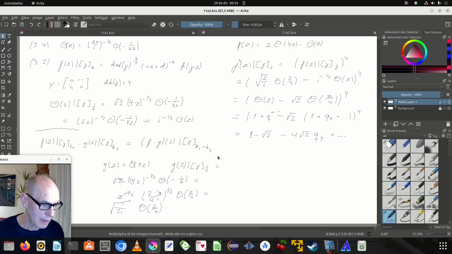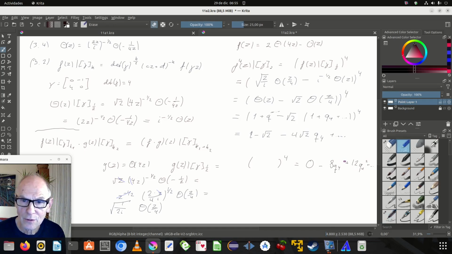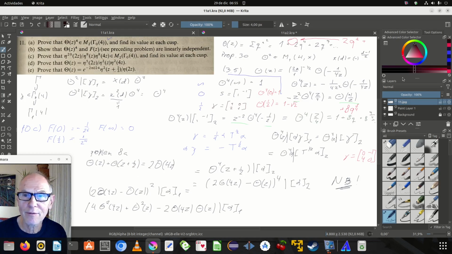So the expansion I got to the fourth was naught minus 8q4 plus 12q4 squared, etc. Oh, minus. Meaning the value up here vanishes.